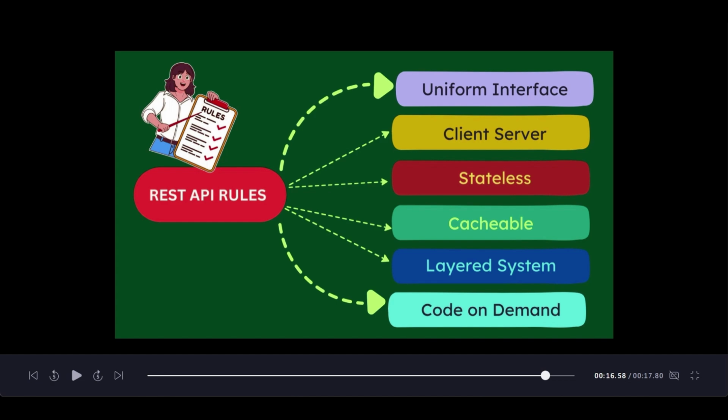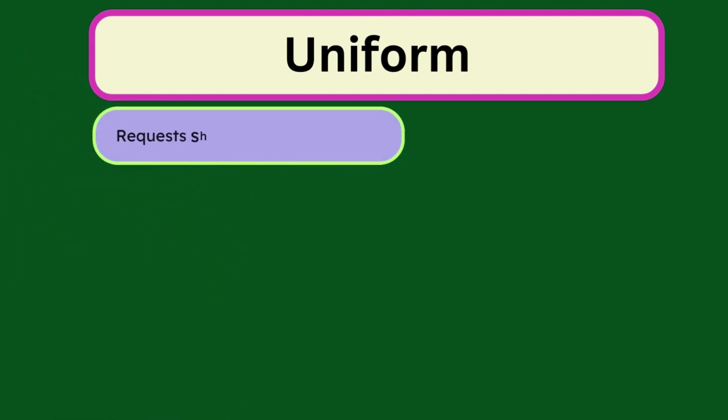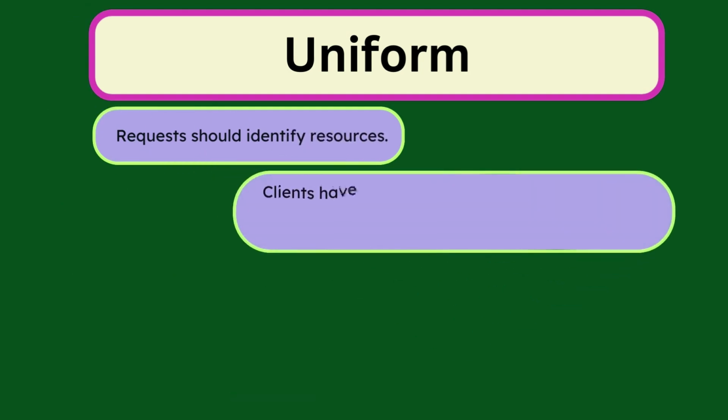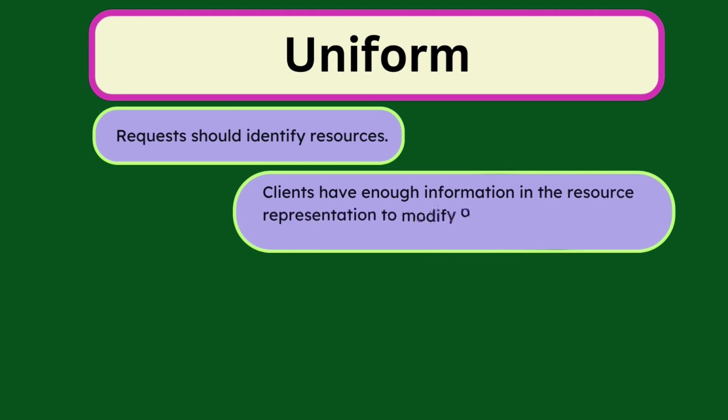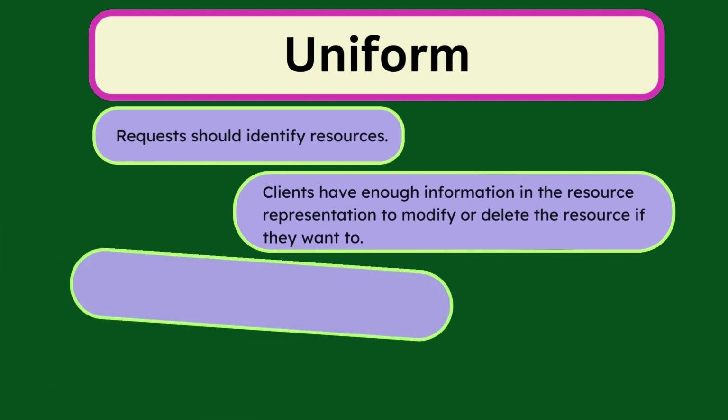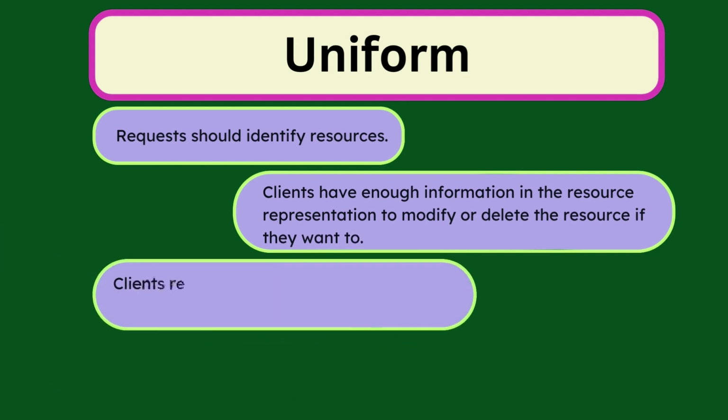The uniform interface imposes four architectural constraints. The first one is that requests should identify resources. They do so by using a uniform resource identifier. The clients have enough information in the resource representation to modify or delete the resources if they want to. Clients receive information about how to process the representation further.